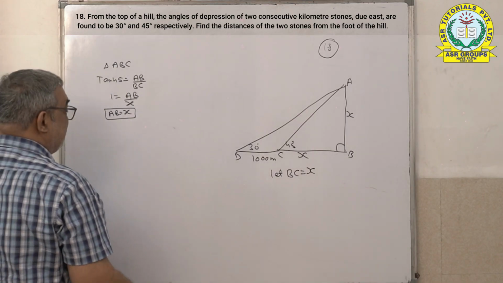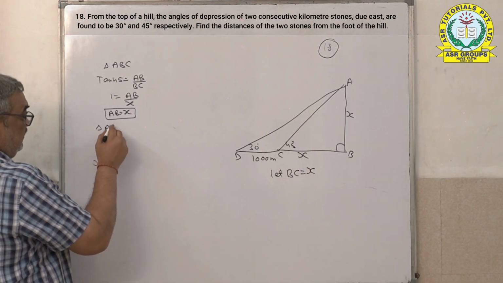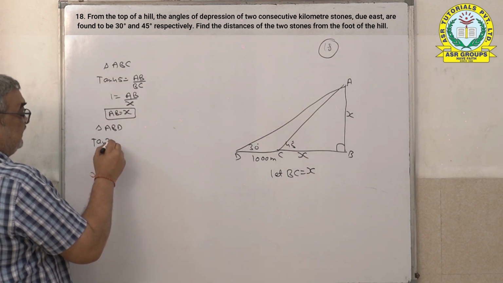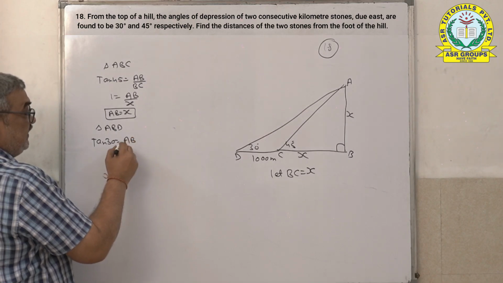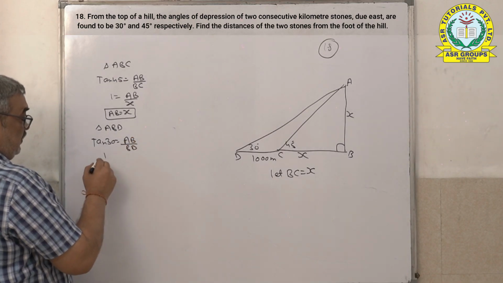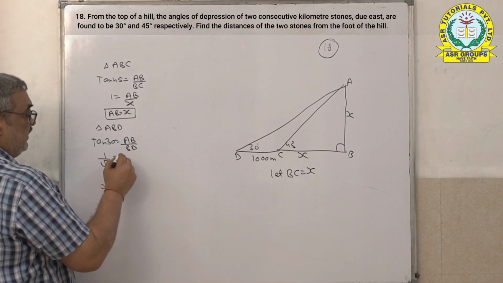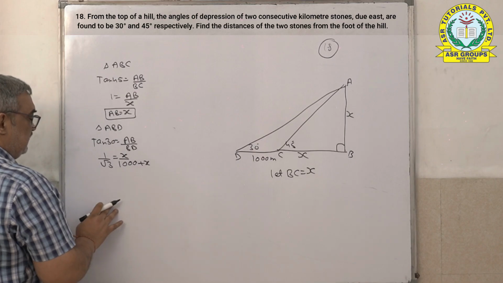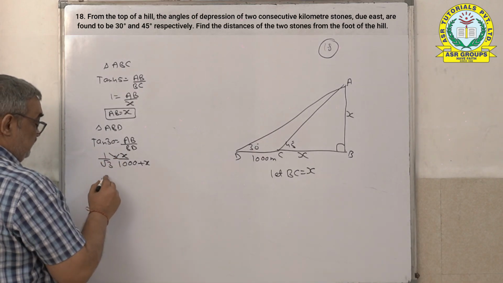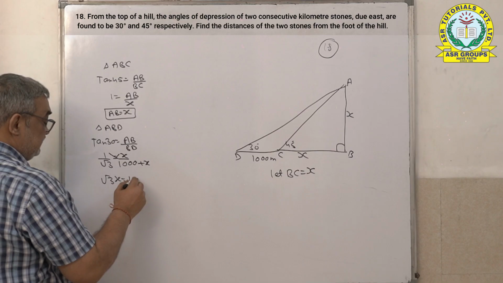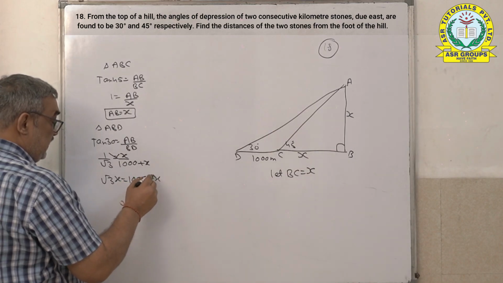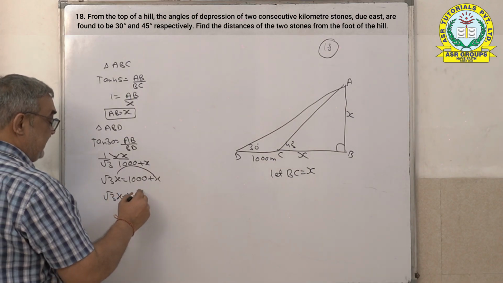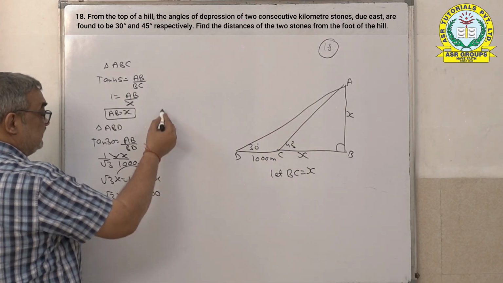Now we'll take the entire triangle ABD. Tan 30 is AB upon BD, 1 over root 3, and BD is 1000 plus X. Root 3 X is... bring X here: root 3 X minus X is 1000.